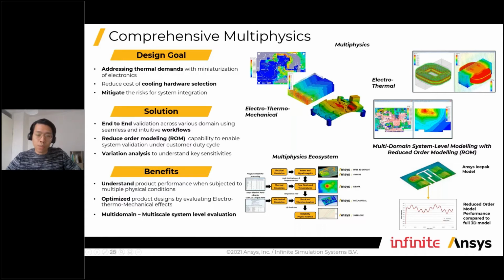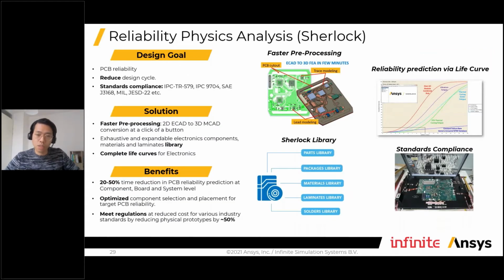We want to dissipate the heat from these traces, but how are we going to dissipate it, and if the heat is not dissipated successfully, how will it actually cause mechanical failure? And it's not just one-way coupling, but this can also be a two-way coupling. We'll talk about that later as well. So this is the more comprehensive view for multiphysics reliability analysis.